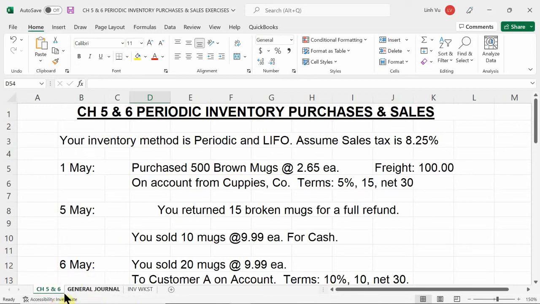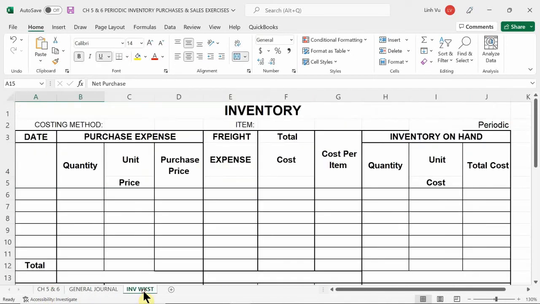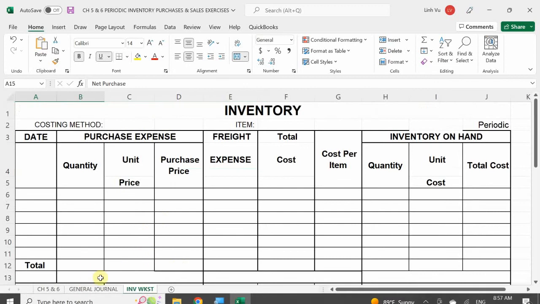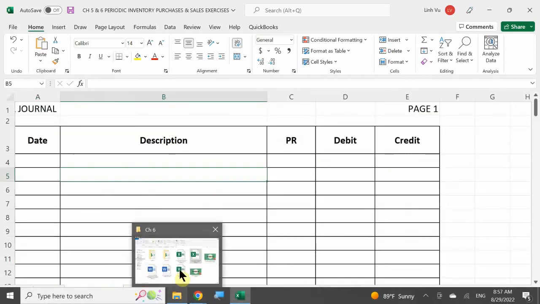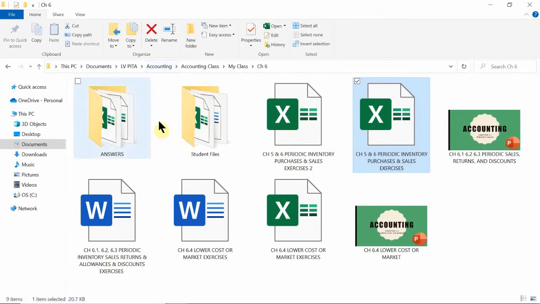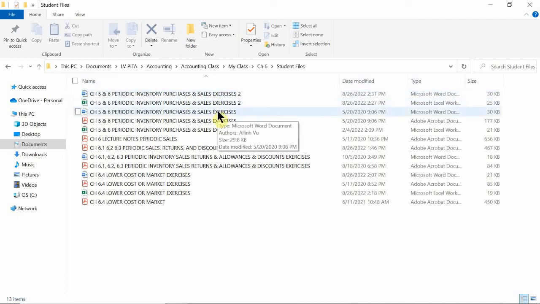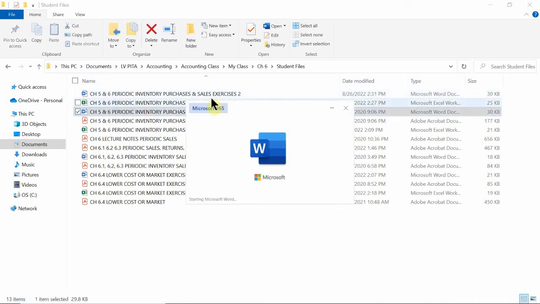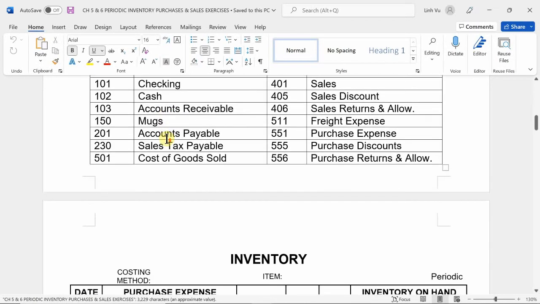Okay, so on your inventory, on that worksheet, you should also have a chart of accounts. Okay, so here is your chart of accounts.